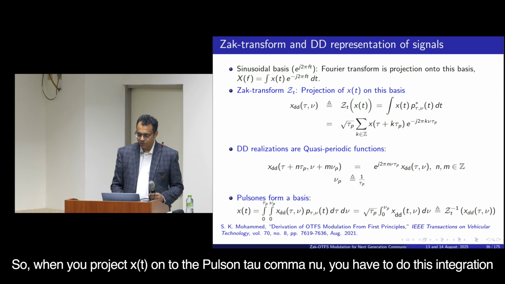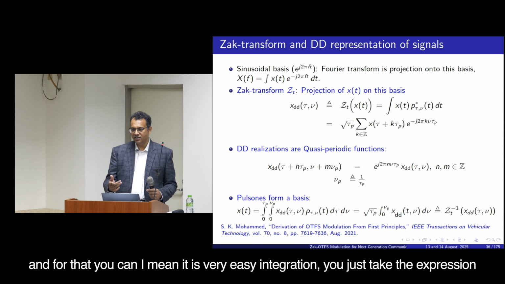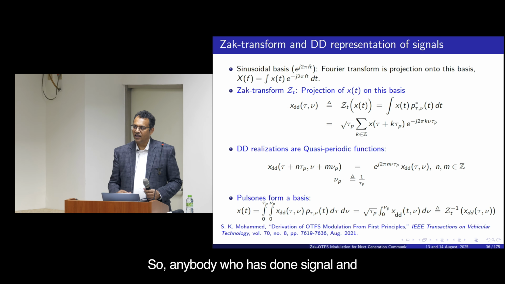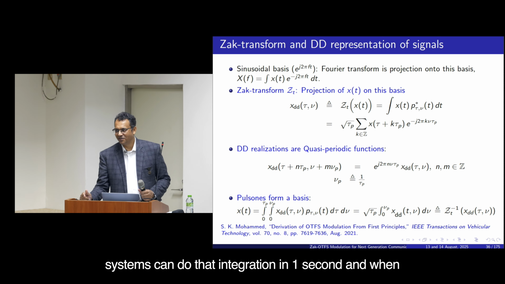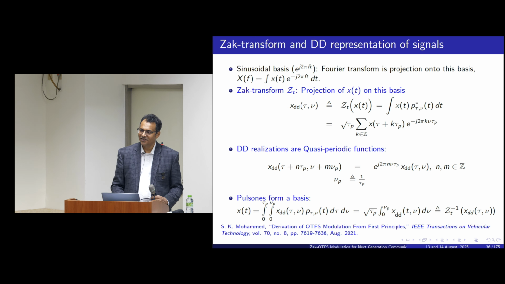When you project xt onto the pulson tau comma nu, you have to do this integration, and it is a very easy integration: you just take the expression of p tau nu from the previous slide and put it here. Anybody who has done signals and systems can do that integration in 1 second. And when you do that, you will get this thing.